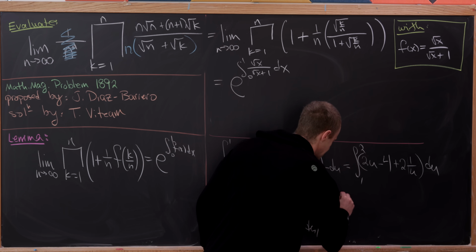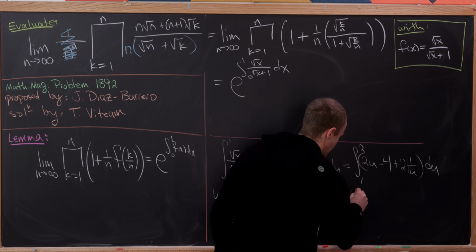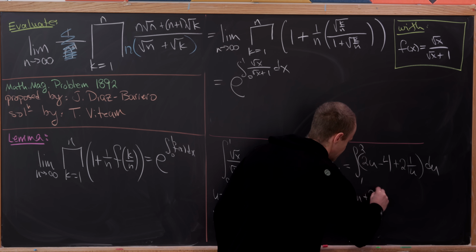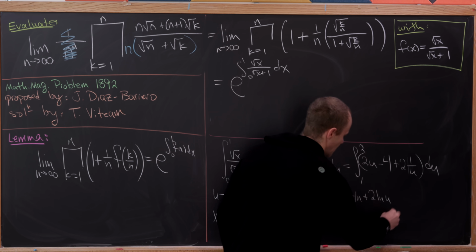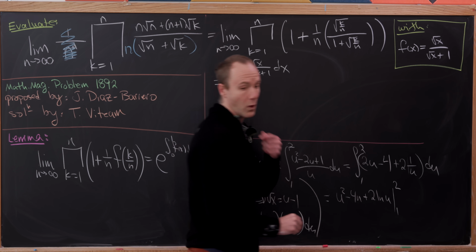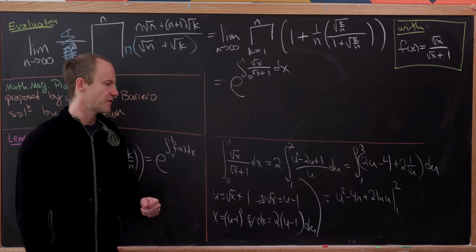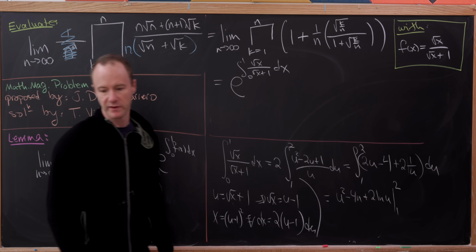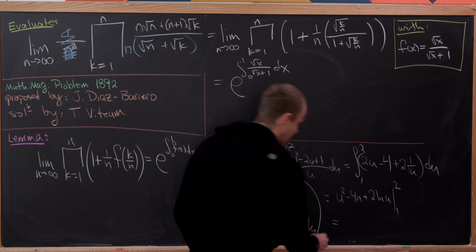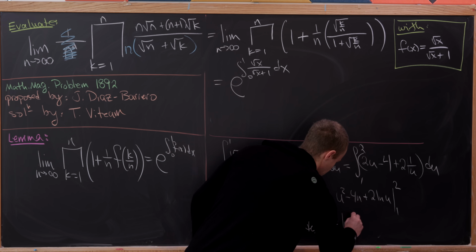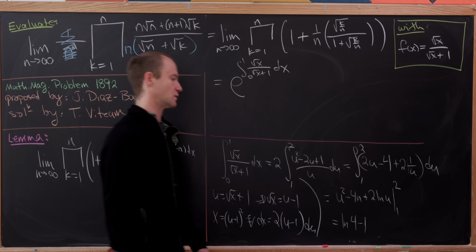So taking the antiderivative, we get u squared minus 4u plus 2 times the natural log of u evaluated from 1 to 2. But now from there, it's just some simple arithmetic, and what we'll end up with is the natural log of 4 minus 1.